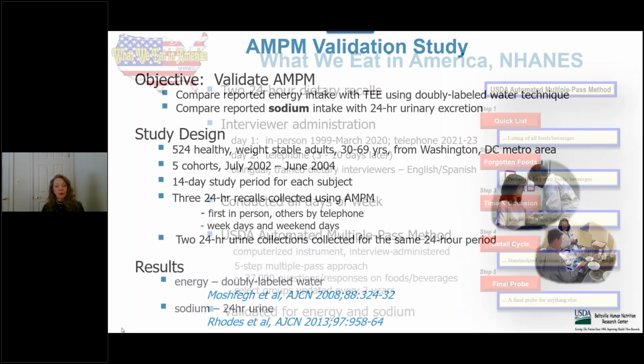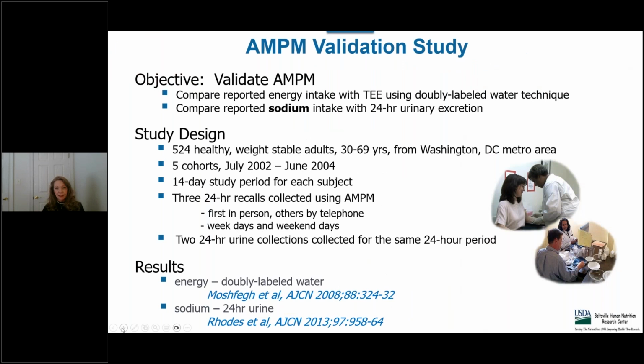And let me share with you our validation study that was done in 2002 to 2004 on a very large sample of healthy weight-stable adults, over 500 of them from the Washington, D.C. Metropolitan area.